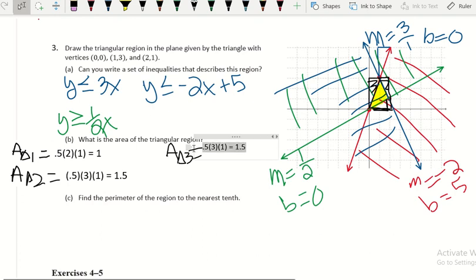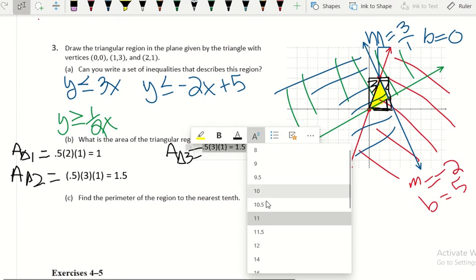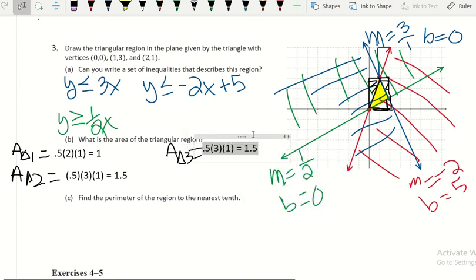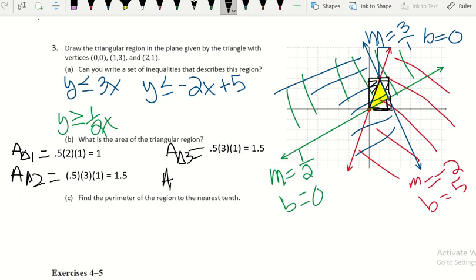And then all we're going to do essentially is just subtract that from the area of our rectangle. Okay, so the area of the rectangle has a width of 2 here and a length of 3. So that's 2 times 3, which is 6.